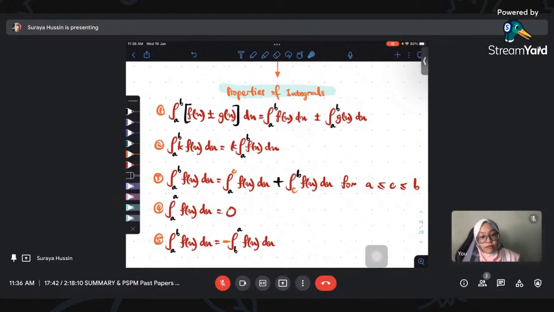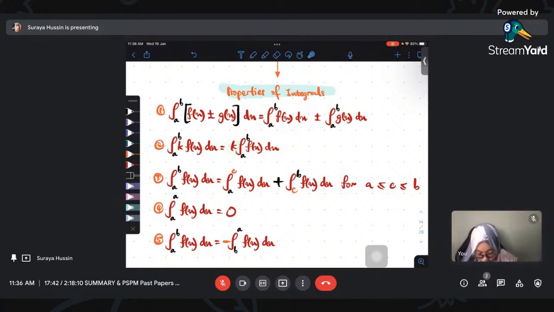Okay? Now, here are the properties of integral. The properties of integral dekat sini also macam integration yang biasa. Like the first one, kalau you ada dua integration, dua function yang berbeza, you pisahkan menjadi dua integral. Yang ini pula, kalau you ada constant, you bawa keluar constant.